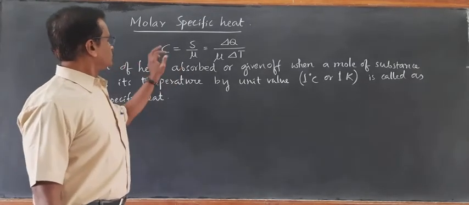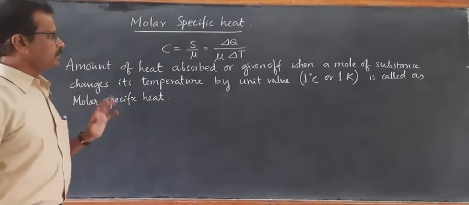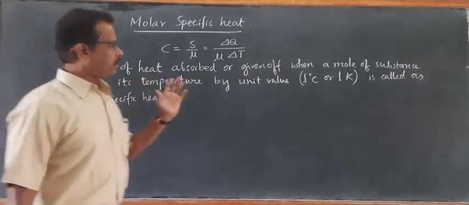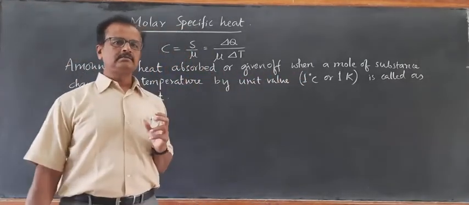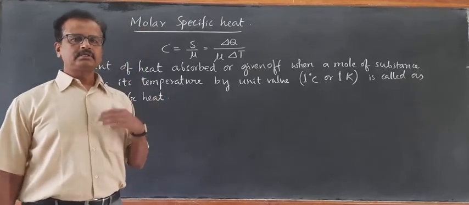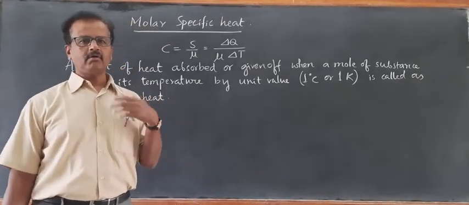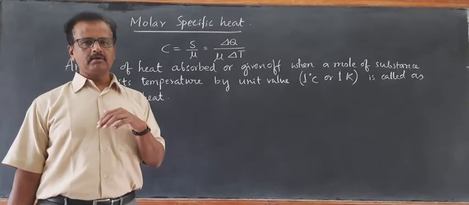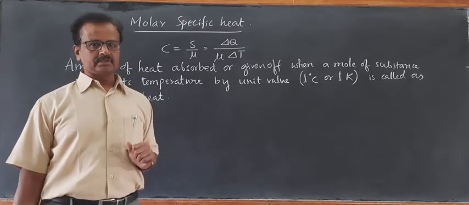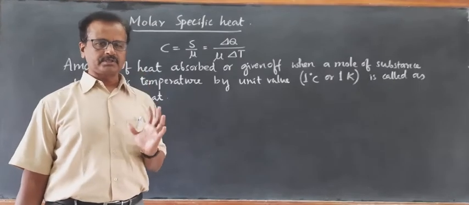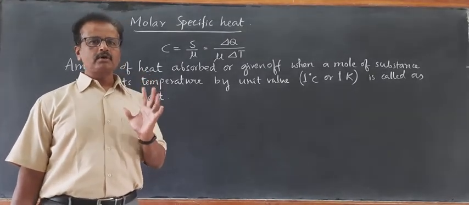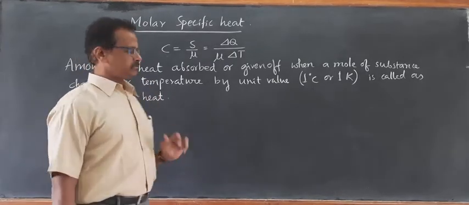Now, for gases, there are two types of molar specific heats. For a given mole of gas, if the temperature changes or heat is given off or absorbed at constant pressure, keeping pressure constant, then that is called molar specific heat at constant pressure.